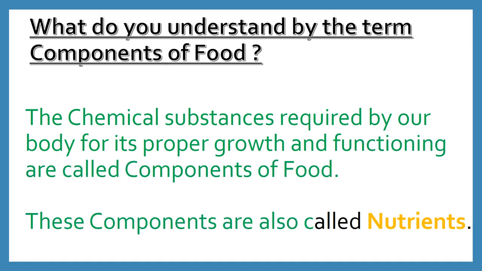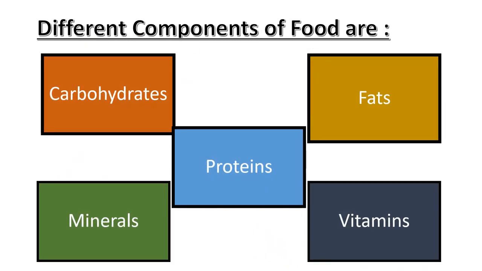These components are also called nutrients. We have different components of food. They are carbohydrates, fats, proteins, vitamins, and minerals.